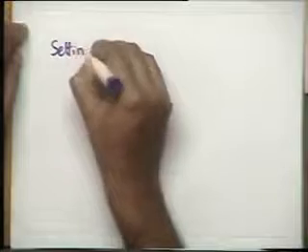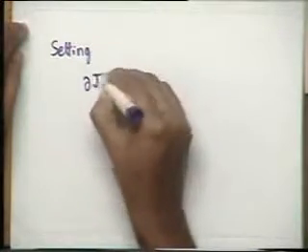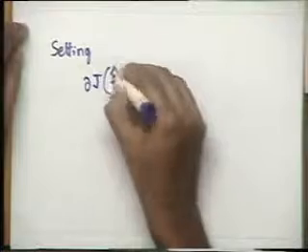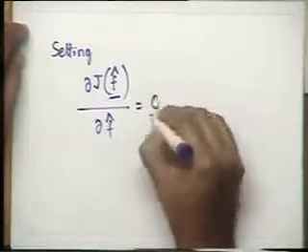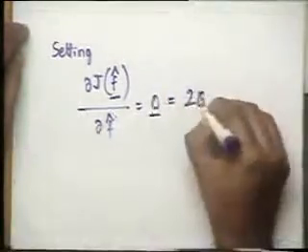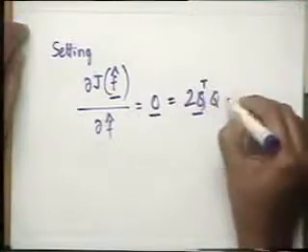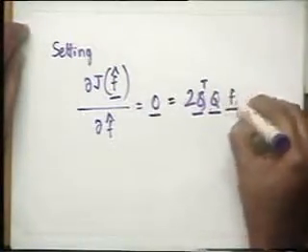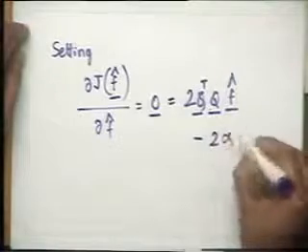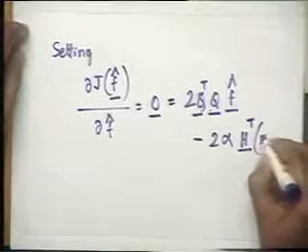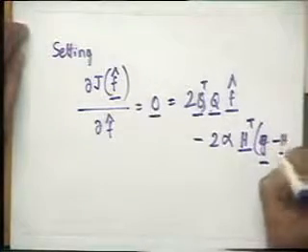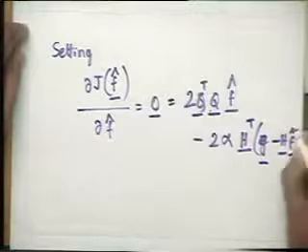So by setting delta J(f hat) / del f hat equal to 0, we are going to get 2 Q transpose Q f hat minus 2 alpha H transpose (g minus H f hat).